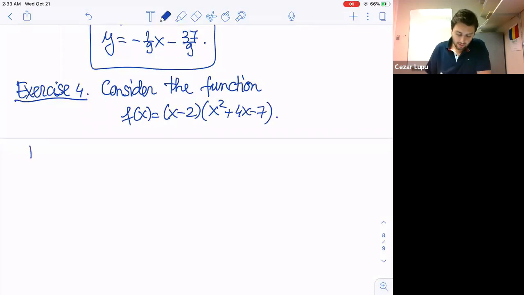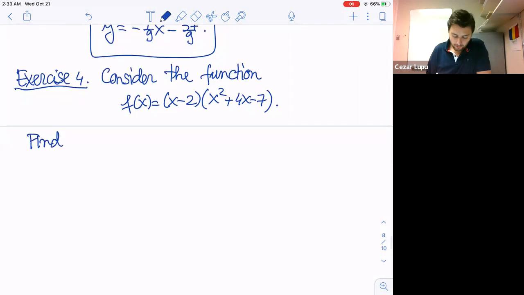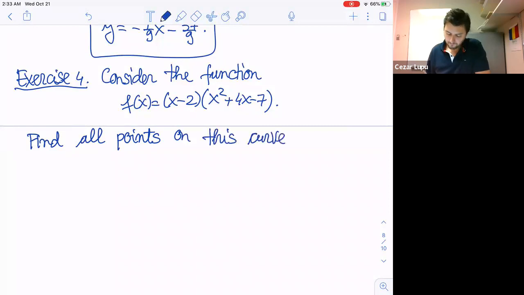And what we're interested in here is to find all points on this curve where the tangent line is horizontal.